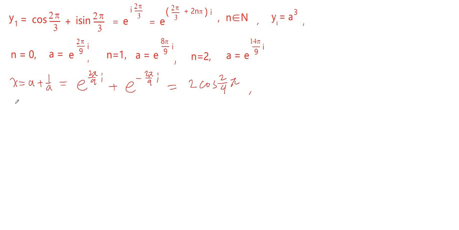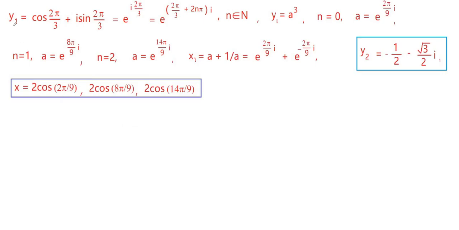That's from the first, so this is x1. Same thing, x2 is 2 cosine 8 pi over 9, and x3 is 2 cosine 14 pi over 9. So we get the 3 roots of x.